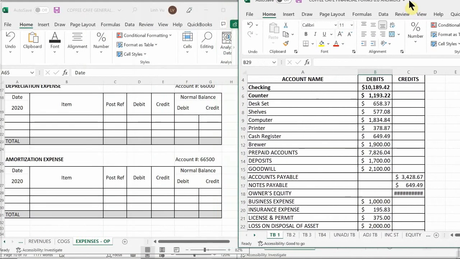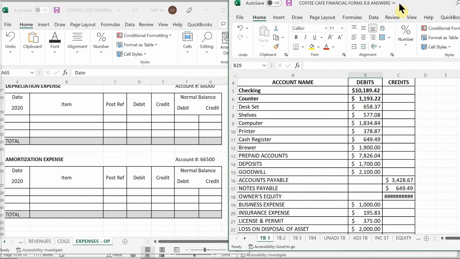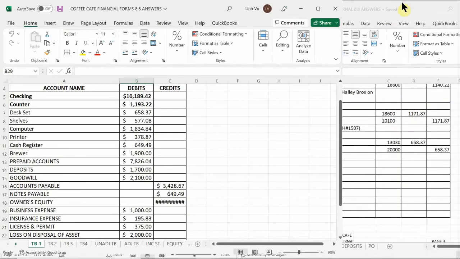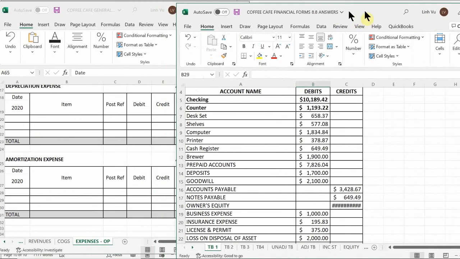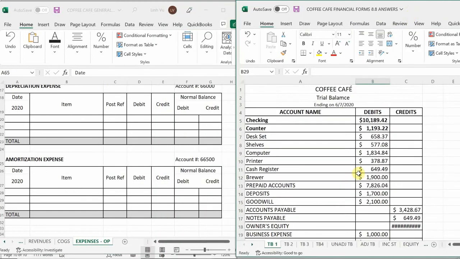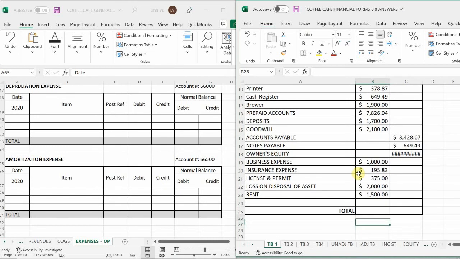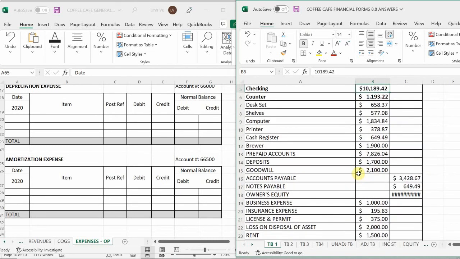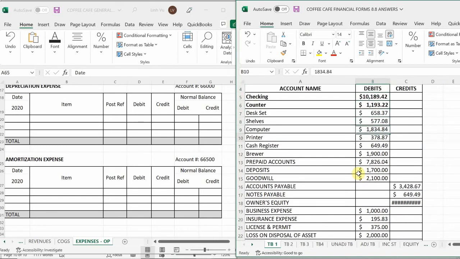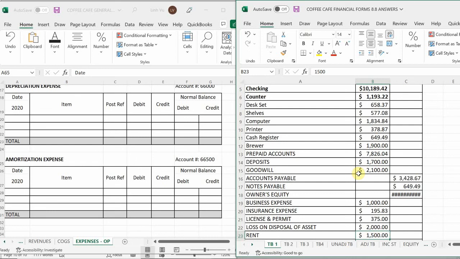Okay? So I got the checking at the top, and I have rent at the bottom. So how much is my grand total debits and how much is my grand total credits?